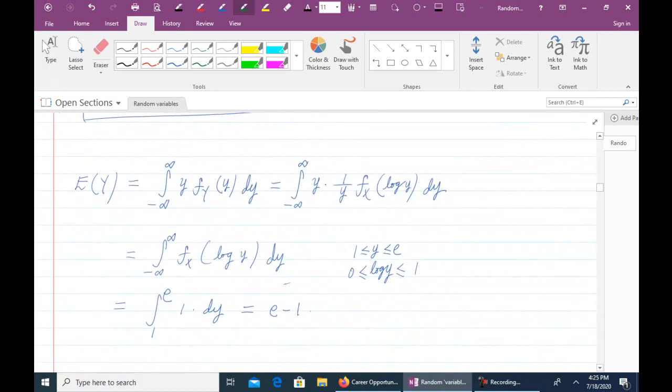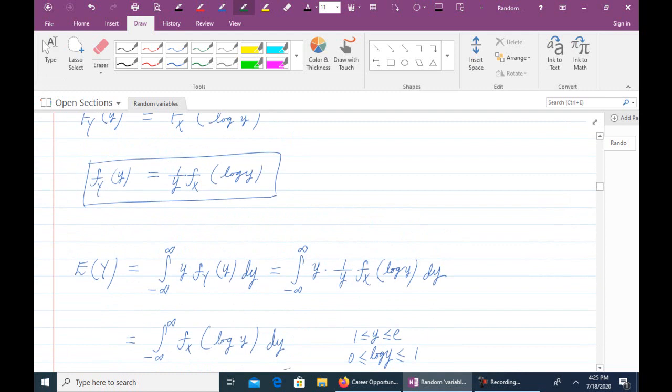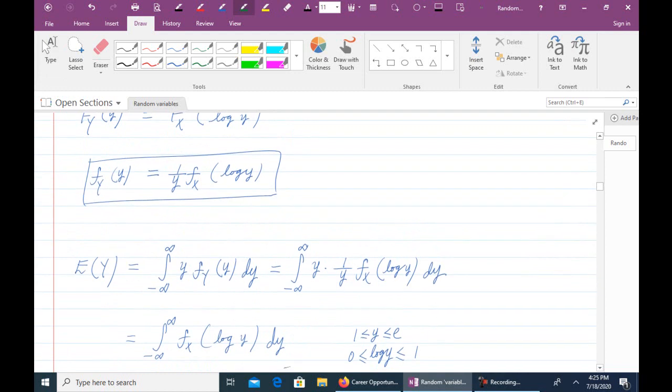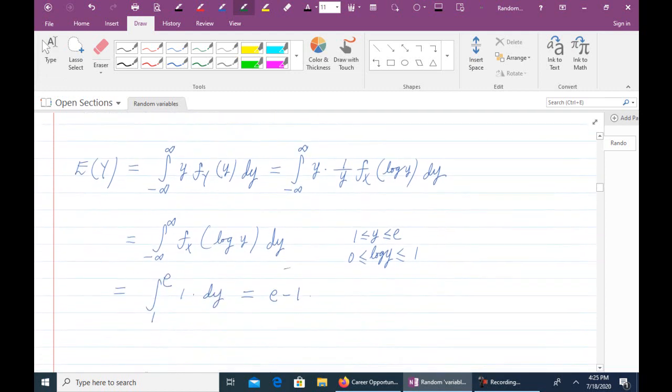So now the expectation. The expectation of y would be the integral from negative infinity to positive infinity of y times the PDF of y evaluated at y, dy. Now the PDF we just calculated to be 1 over y f x of log y, so the integrand becomes f x of log y dy.